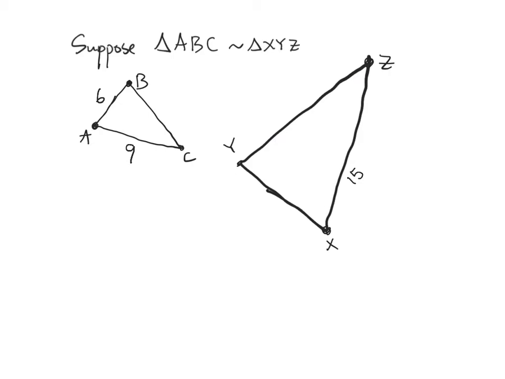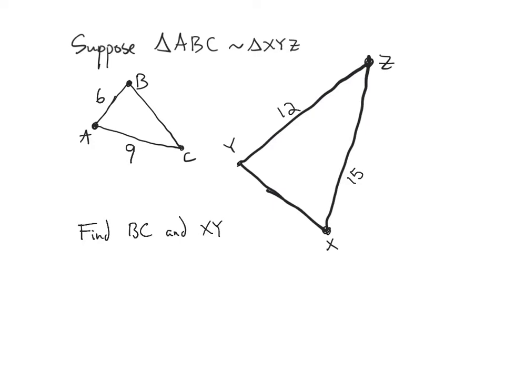And let's say we know side YZ is, what does that look like? That looks like about, let's say 12. Let's find the lengths BC and XY.